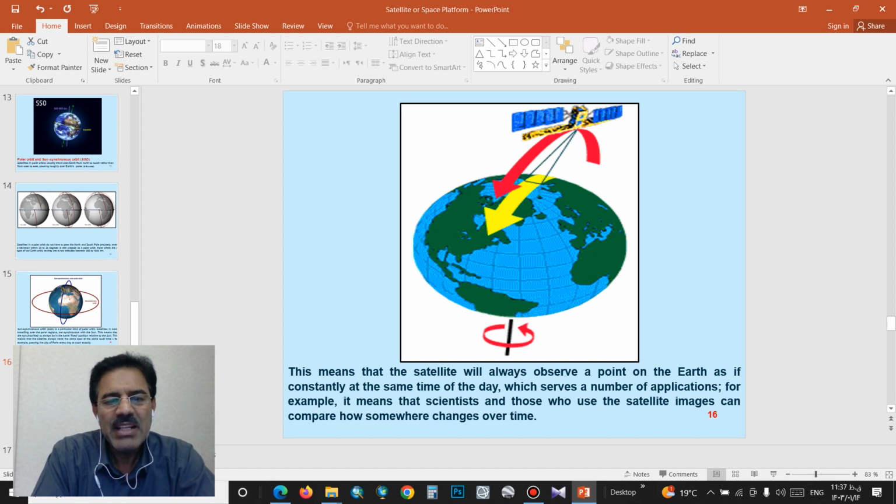For example, it means that scientists and those who use the satellite images can compare how somewhere changes over time.